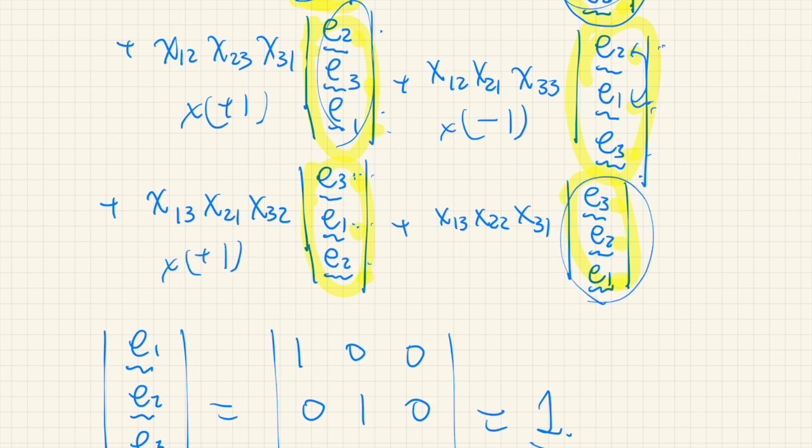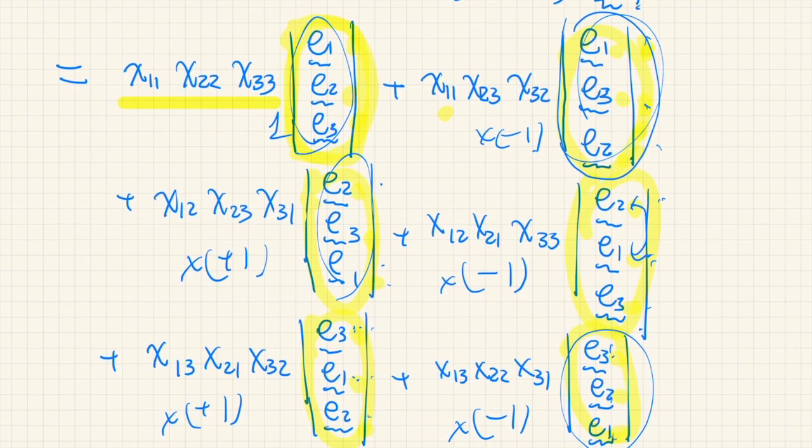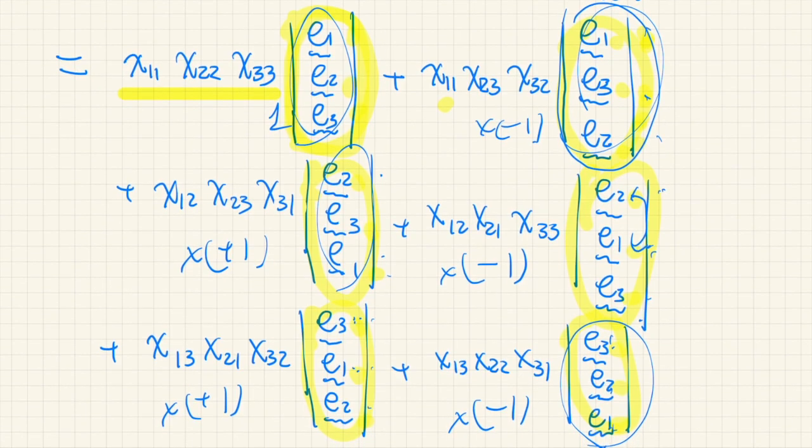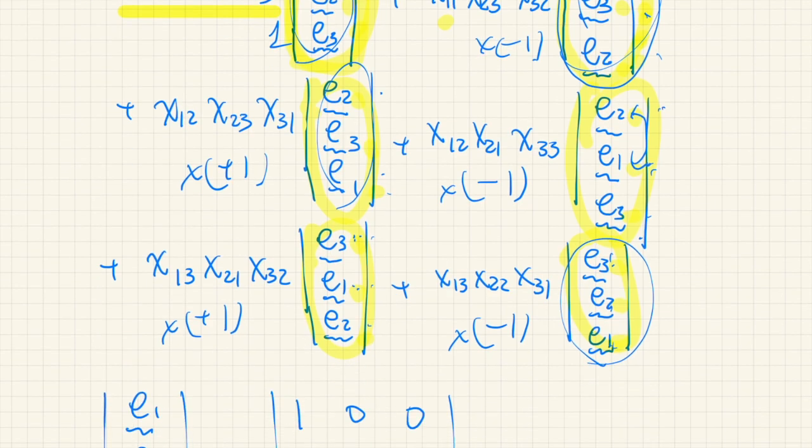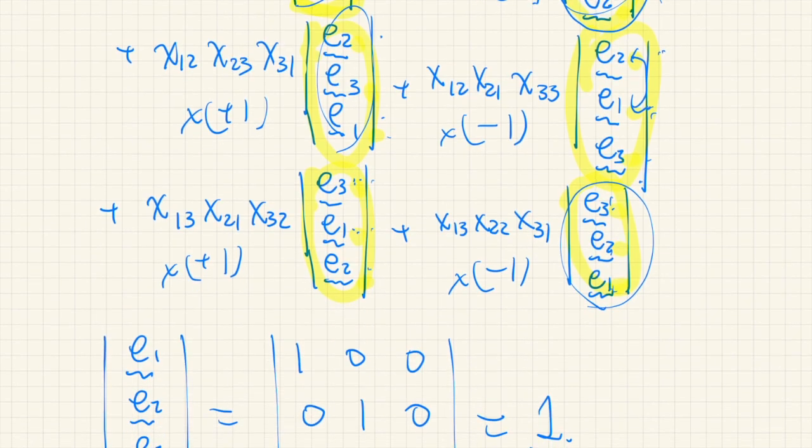And this one will be only one swap, so that is negative 1. In this way, we can find the determinant of a complicated matrix. Applying the properties like linearity and antisymmetry, we can reduce a complicated matrix determinant into a simplified form.